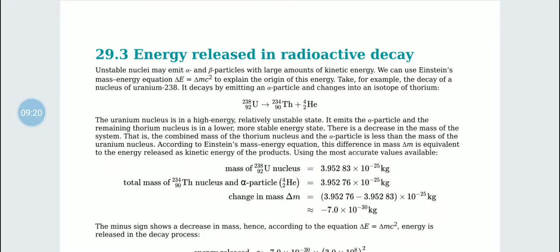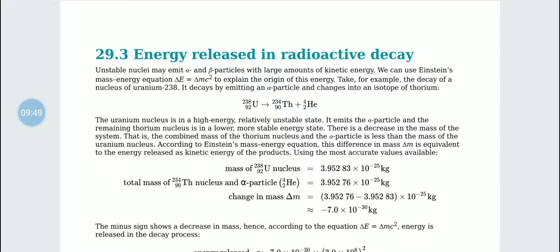We know that the combined mass of the thorium nucleus and the alpha particle is going to be less than the mass of the uranium nucleus. Based on Einstein's mass energy equation, the difference in mass is what has caused the energy, or the energy released is equal to the difference in mass.